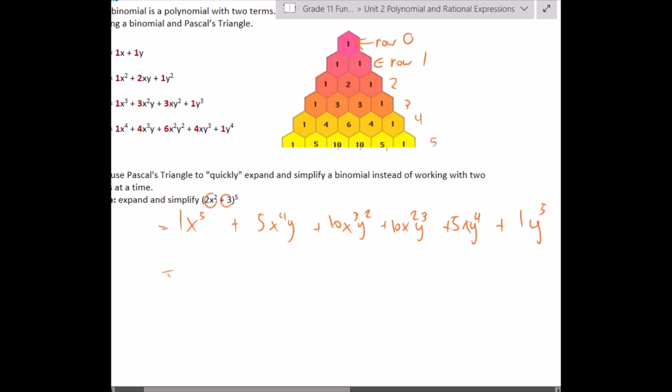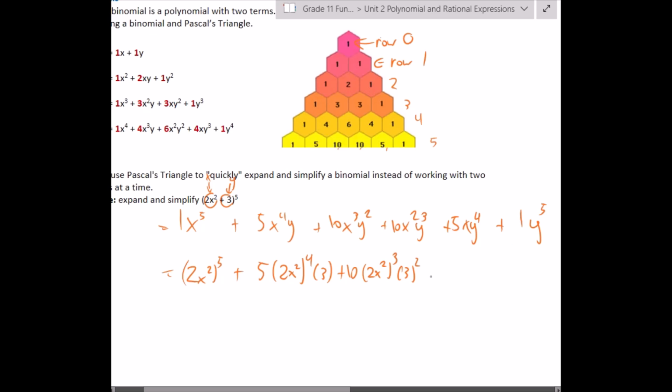So we have (2x²) all to the power of 5 plus 5 times (2x²) to the power of 4 times 3 to the power of 1, which don't write, plus 10 times (2x²) to the power of 3 times 3 to the power of 2 plus 10 times (2x²) to the power of 2 times 3 to the power of 3.